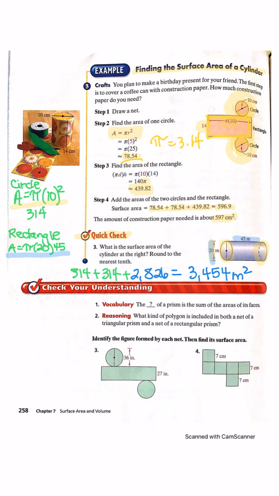So checking our understanding, the blank of a prism is the sum of the area of its faces. What are we talking about in this lesson? This lesson we are talking about surface area.